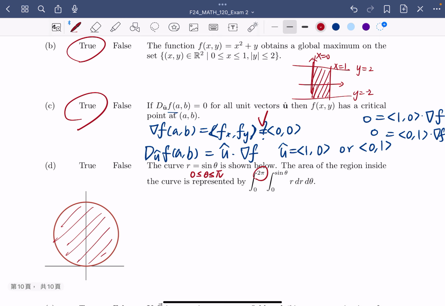It goes to 2 pi. So r could be negative. It doesn't really make sense. Therefore, the answer for part D is false.